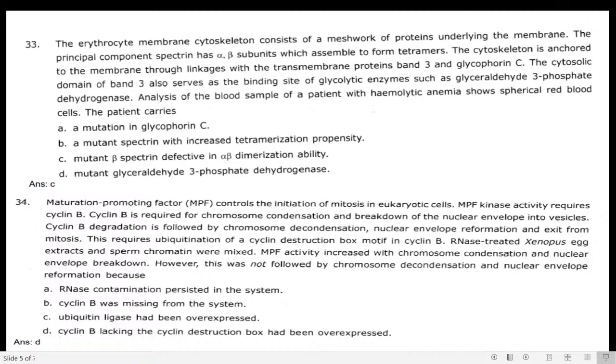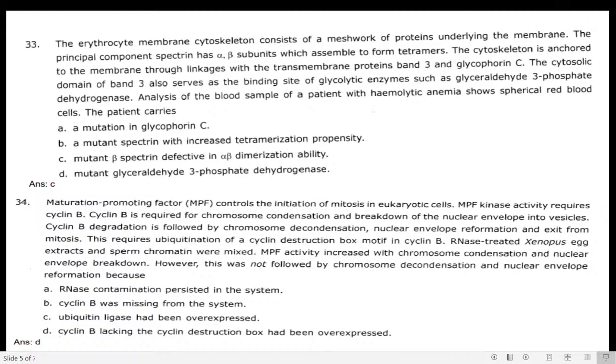Next question is: maturation promotion factor, MPF, controls the initiation of mitosis in eukaryotic cells. This is just the hint. MPF kinase activity requires cyclin B. If you want to do this process, that is the maturation promotion process, we need MPF kinase.